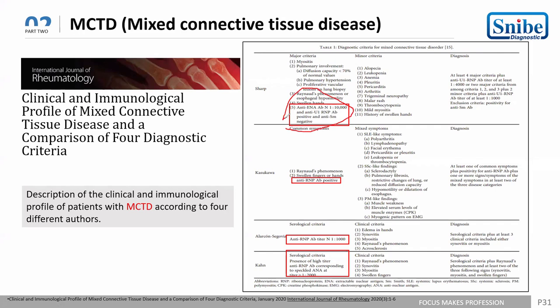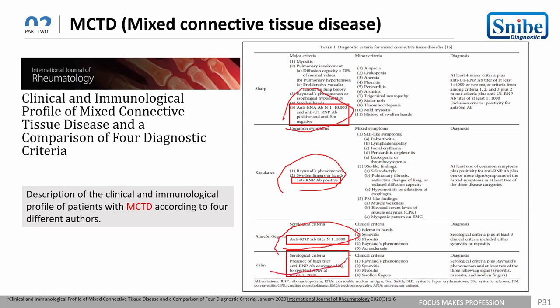So the diagnostic criteria for mixed connective tissue disease are related to anti-ENA antibodies, anti-U1RNP positive or anti-Sm negative. So in Kasukawa's criteria, the anti-RNP antibody is positive, with mixed common symptoms, and the other disease conditions with serological criteria are anti-RNP antibody titer of 1:1000 is positive.